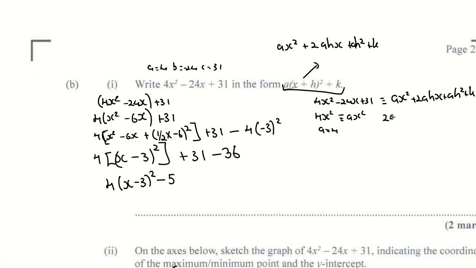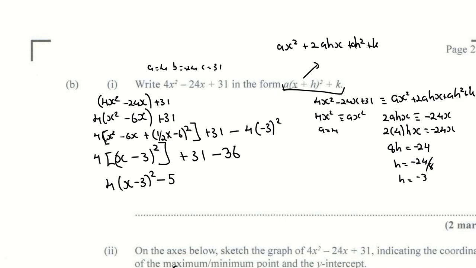So 2ahx will be equated with minus 24x. I know a is 4, so it'll be 2 by 4hx equals negative 24x. So 4 2s are 8. 8h is equal to negative 24. So therefore h would be negative 24 divided by 8. So h is equal to negative 3.